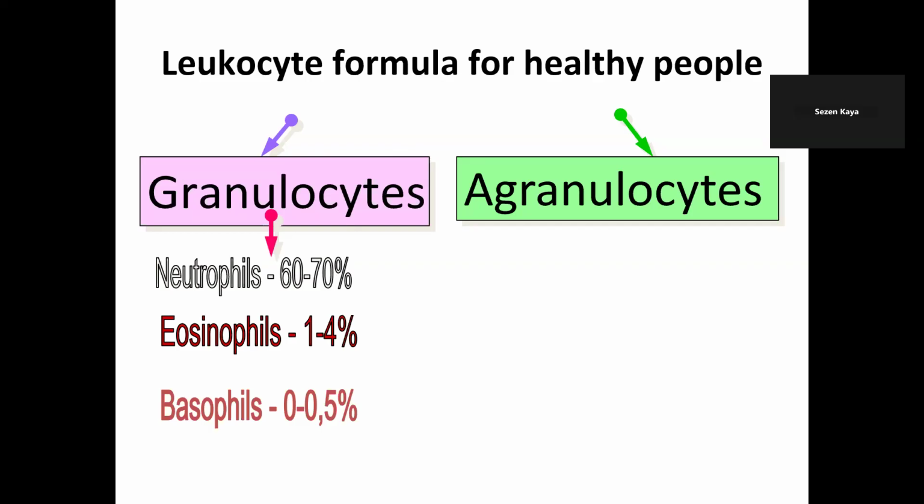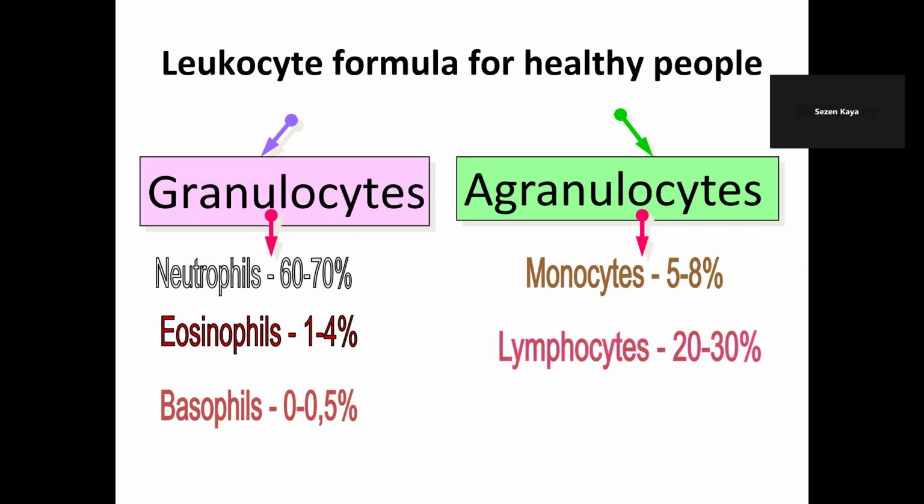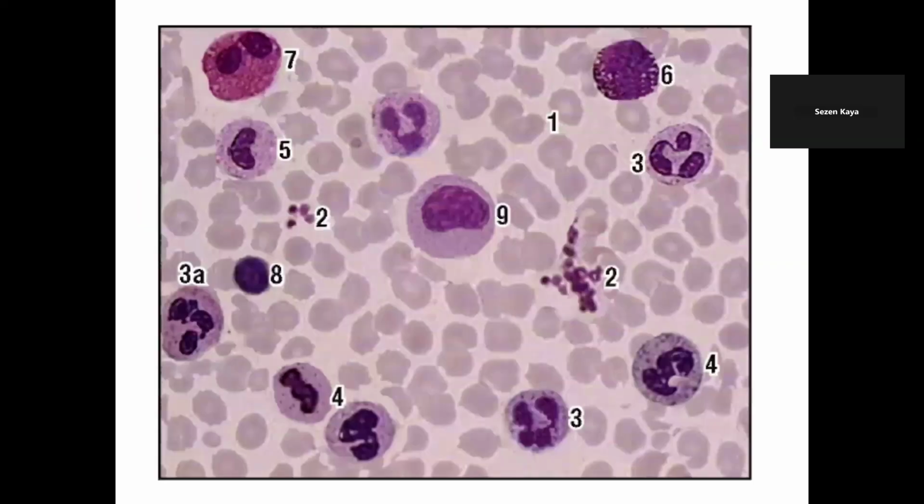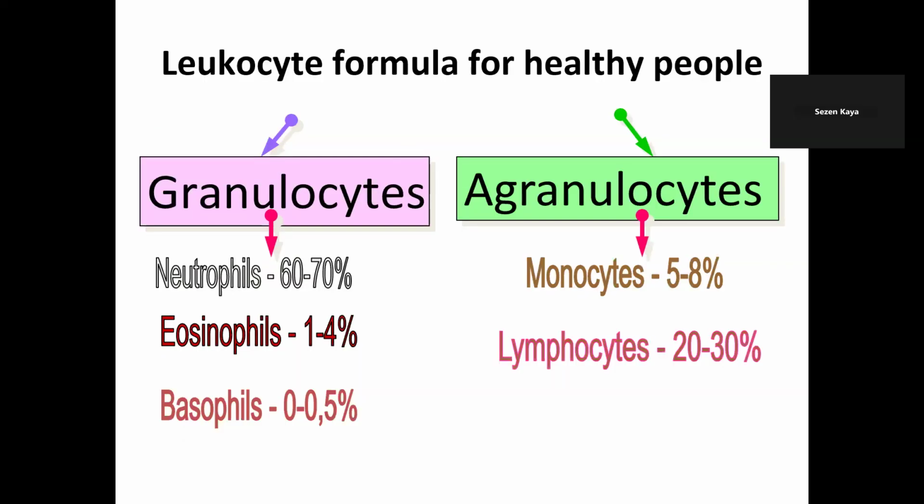Agranulocytes are monocytes and lymphocytes. Why do I say that this is so useful for our life? For understanding what is going on with our body, with our immune system.